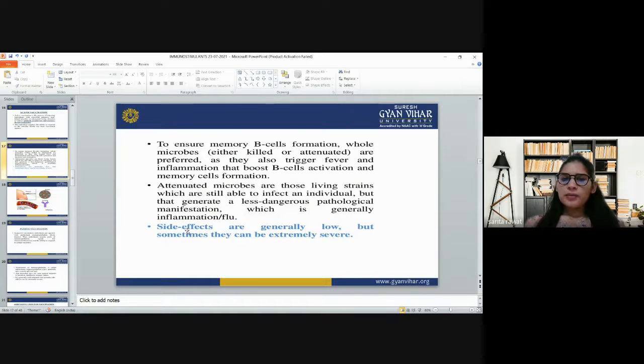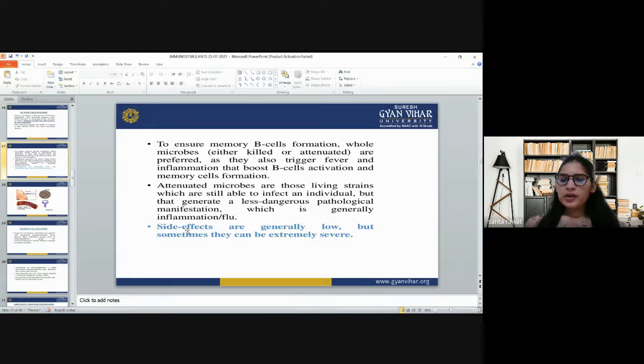And to ensure memory B cell formation, whole microbes, either killed or attenuated, are preferred, as they also trigger fever and inflammation that boost B cell activation and memory cell formation.